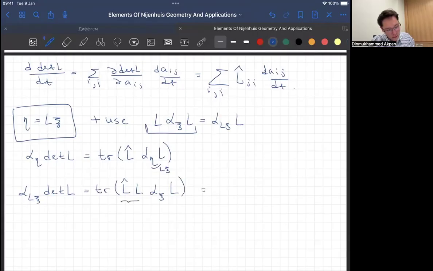Then this is a determinant, because comatrix times matrix is the determinant: determinant L times trace of the Lie derivative of L along psi.